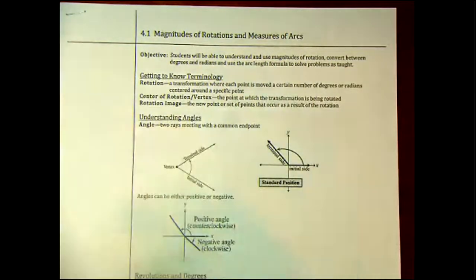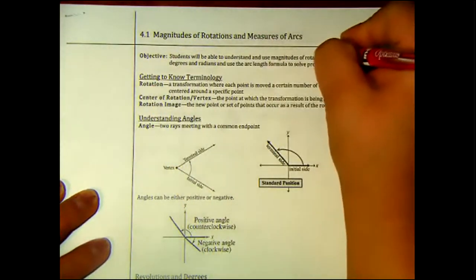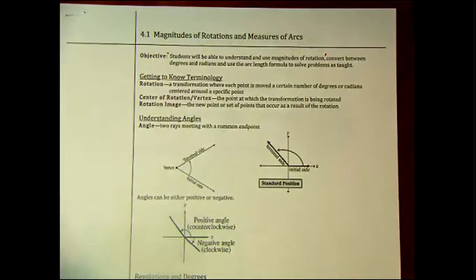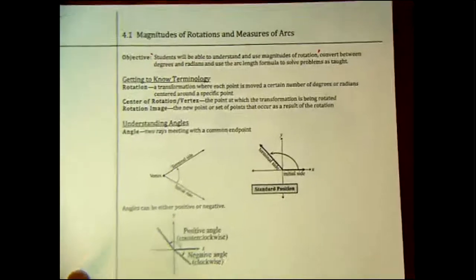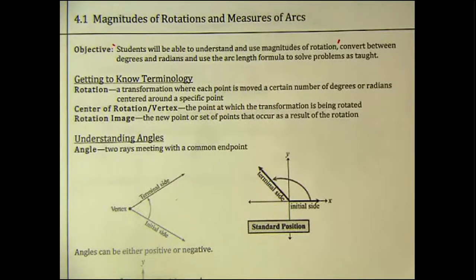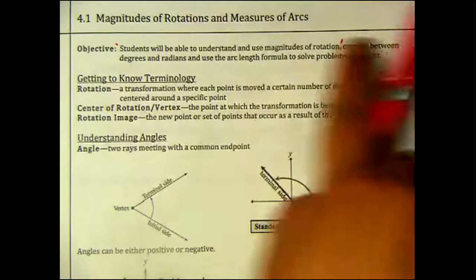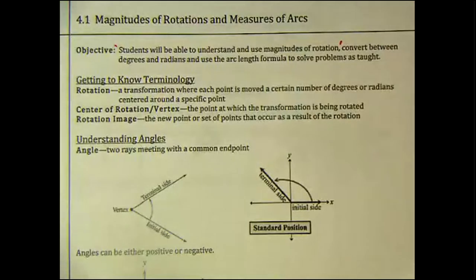Today's focus is actually only part 1, from here to here: understanding and using magnitudes of rotation. Thursday, we will focus on converting between degrees and radians and using the arc length formula to solve problems. So that's Thursday's focus. Today's focus is the first part, magnitudes of rotation.